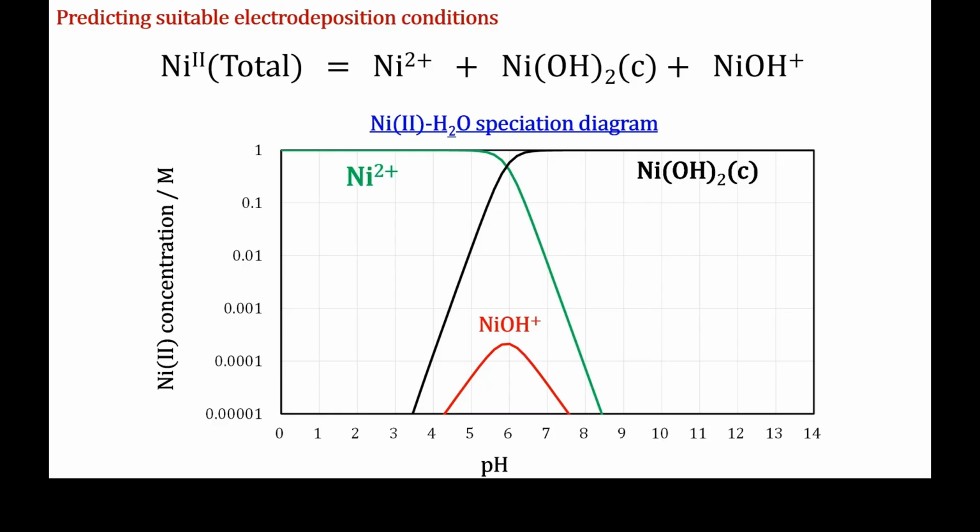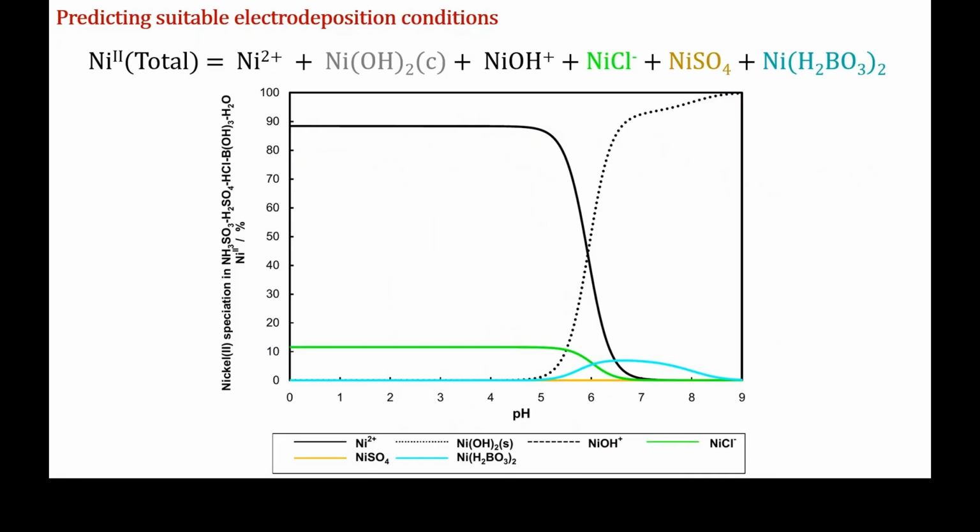And you can do this based on basically what you've put in. So if you've put in nickel in the form of chloride and sulfate, and you've put in some boric acid, you will expect certain complexes to form, and if you've got the Gibbs free energy data for those complexes, you will be able to work out how they affect the nickel speciation and at what pH they're present.